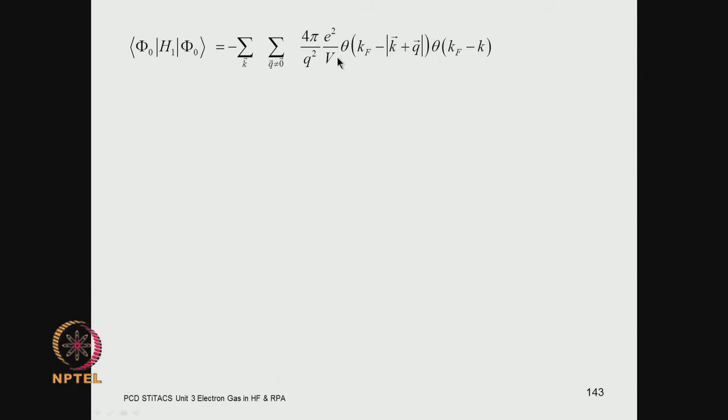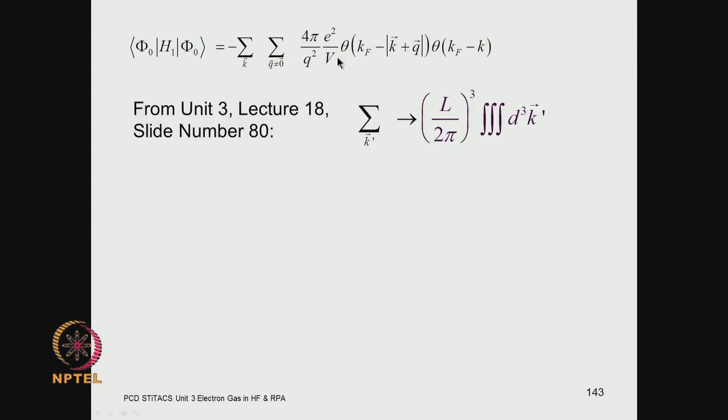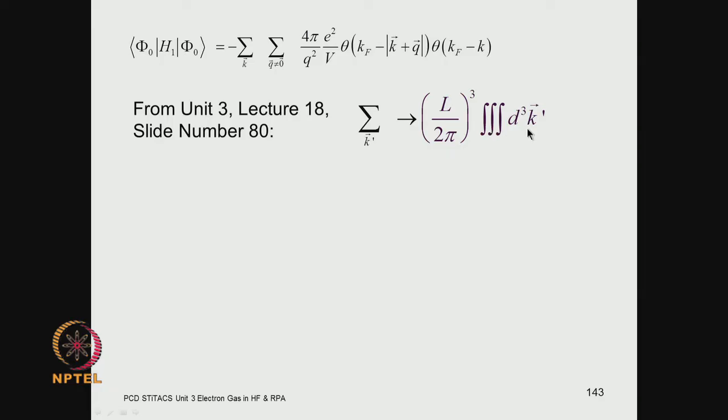Now, this is what we have to evaluate, but we are not going to carry out a discrete summation, we are going to carry out an integration in the momentum space, right. So, the summation over k goes over to this integration in the momentum space with this factor because of the volume occupied by every state, right.